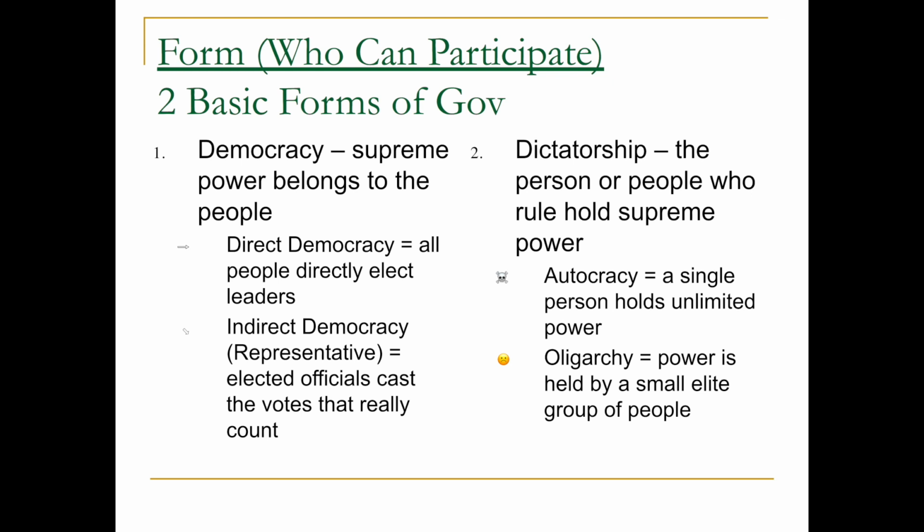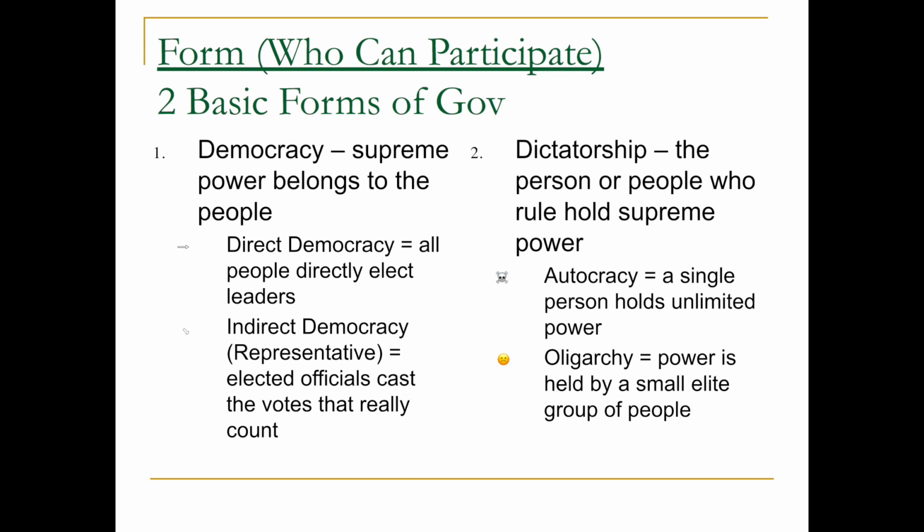In ours, though, which is what Oklahoma has, the United States has, we have indirect. So, in other words, we don't participate in the day-to-day operations of our democracy. We elect people to go make those decisions, policy decisions. And in our country, we call it a representative democracy.